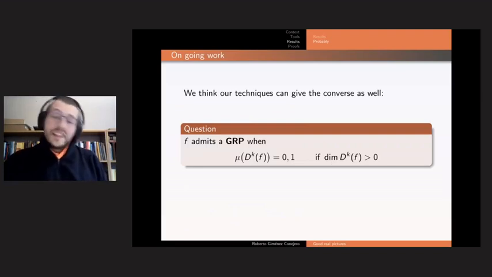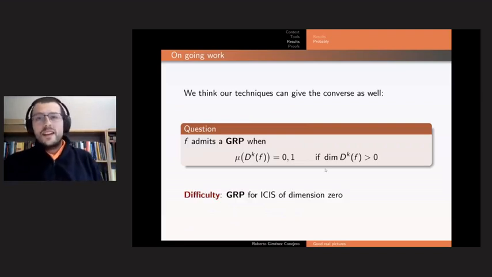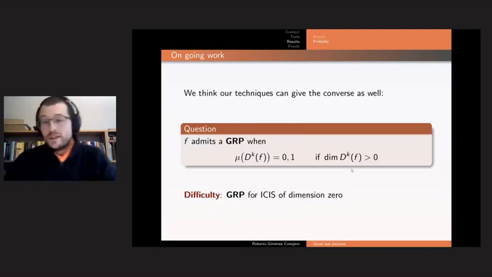The technical problem that we are facing is that if this has positive dimension, then we more or less know what to do, but what happens when this has dimension 0? Well, when this has dimension 0, they are still ICIS, but it is not so easy to see because maybe you have bigger Milnor number and many things could change.